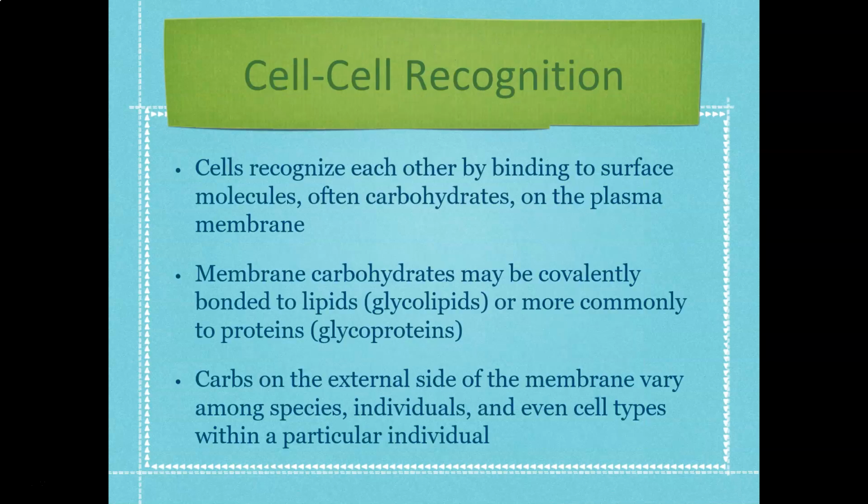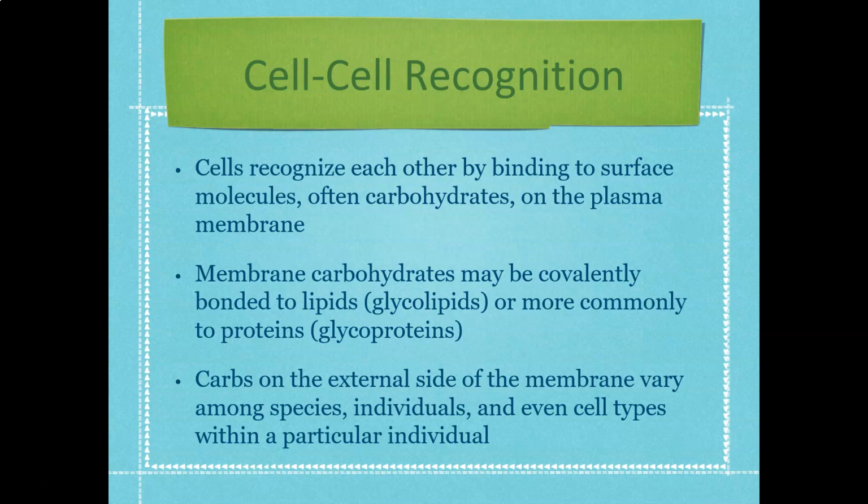A little bit about that cell-to-cell recognition here, and we'll talk more about it as we continue moving forward this year. Remember that those cells have to be able to recognize each other. You have to be able to identify one cell in your body from another type, also be able to recognize that it is in fact your cells. And a lot of that recognition comes from the carbohydrates that are attached to that plasma membrane.